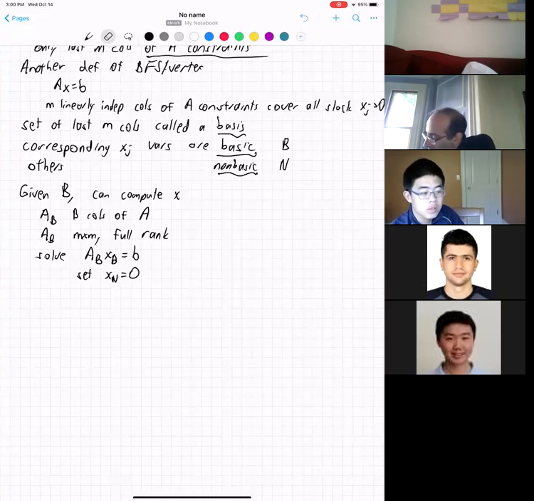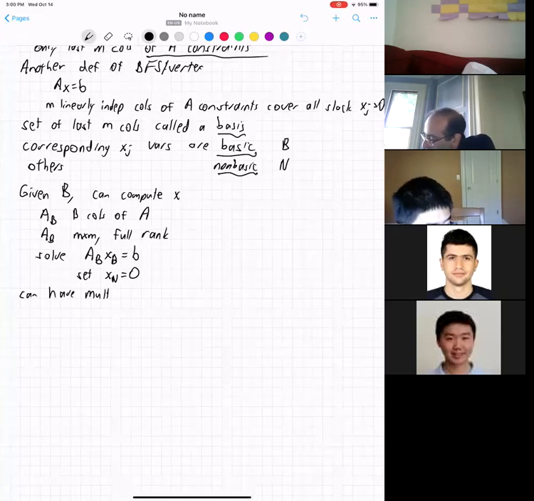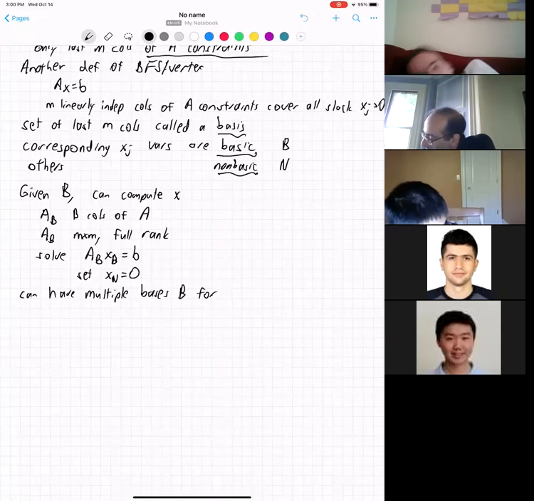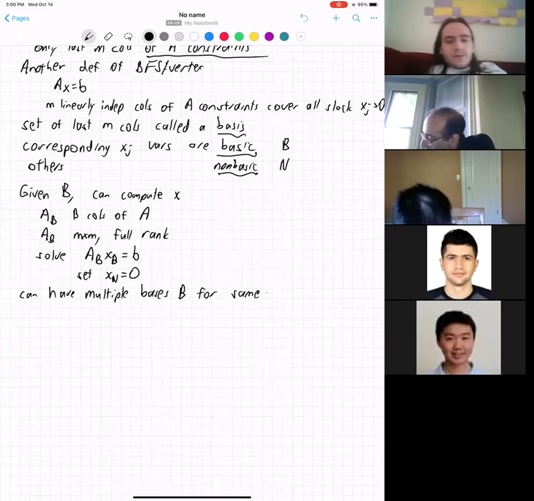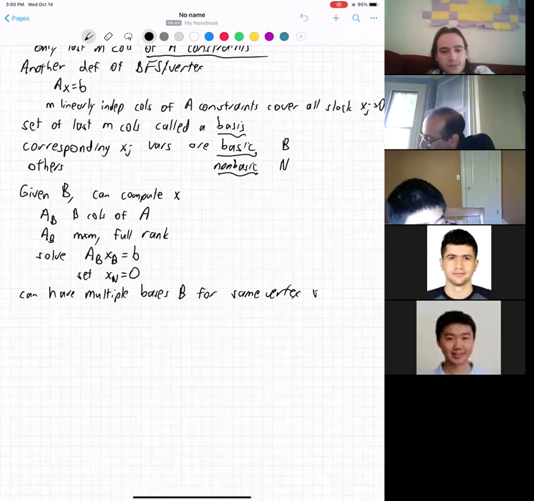Now, I also notice that you can have many different bases, multiple bases, B, for the same vertex X. Why is that?